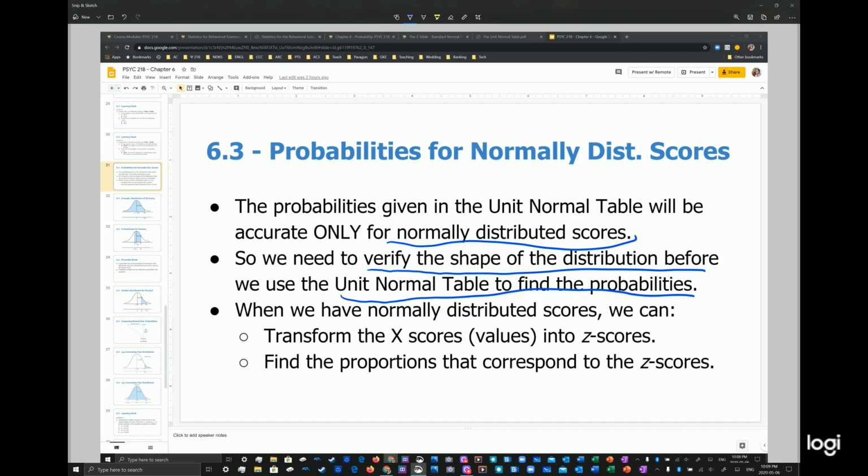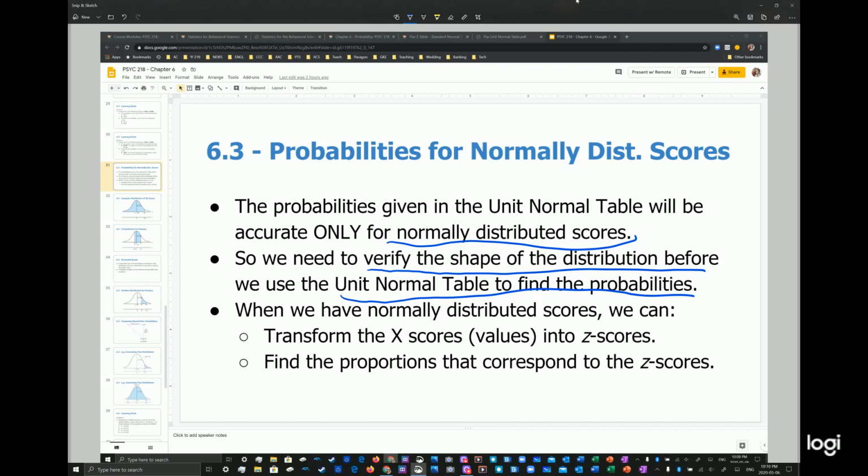In other courses, you will be taught and asked to test whether that assumption is true, whether the population is normally distributed. There are techniques for doing this, and you'll have to write out that assumption. That would be covered in other courses that are more advanced than this one. This is the basic level that assumes that the population is normally distributed, so then you can apply the unit normal table for these probabilities.